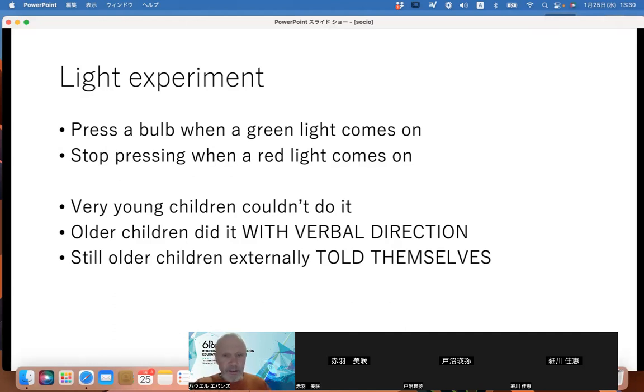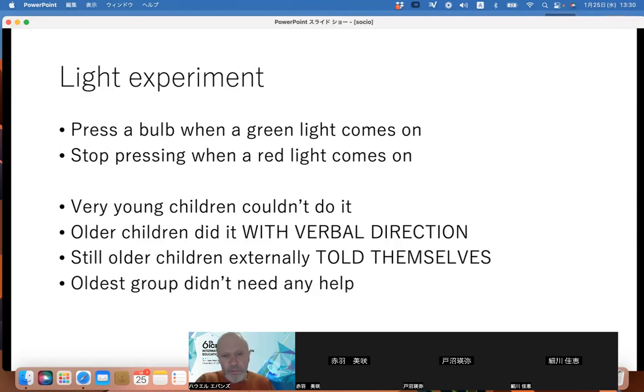So the very young children can't do it. Slightly older children need help from somebody else to tell them to stop pressing. Older than that, they don't need anybody else, they tell themselves. And then the oldest group don't need any help at all. It's completely internalized. So it seems that, again, the words, right?